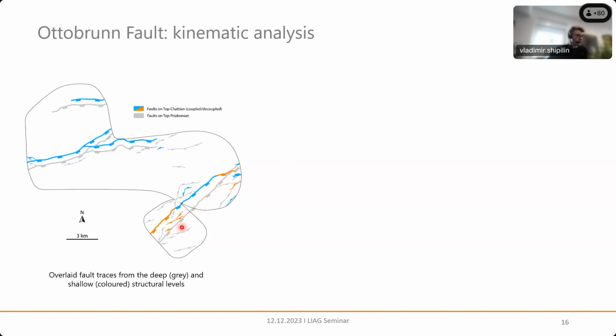For example, this one for the master fault of the Ottobrunn system, and also the traces at the shallow level, colored either as blue traces, and blue represents the fault portions that are coupled with the below lying fault segments, and then we've got orange segments which represent segments that are not coupled with the beneath lying fault segments.